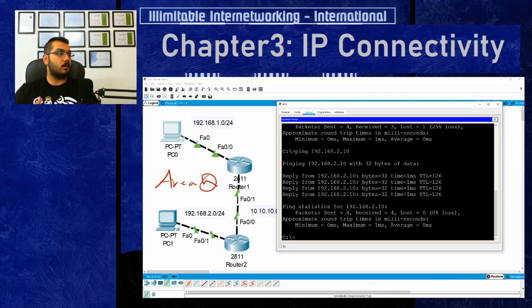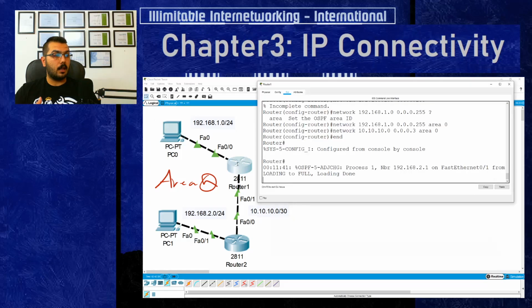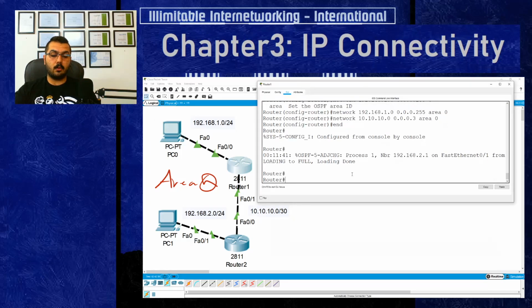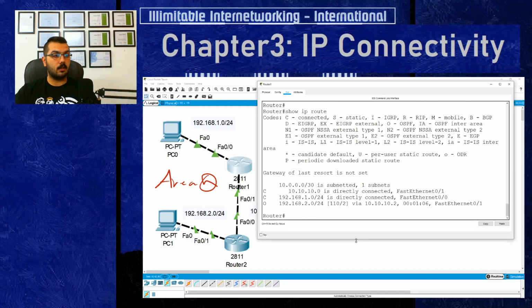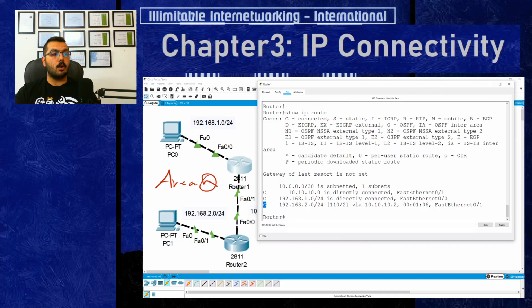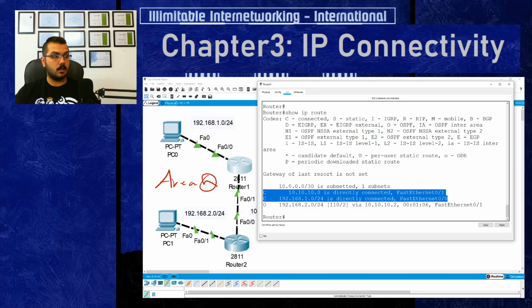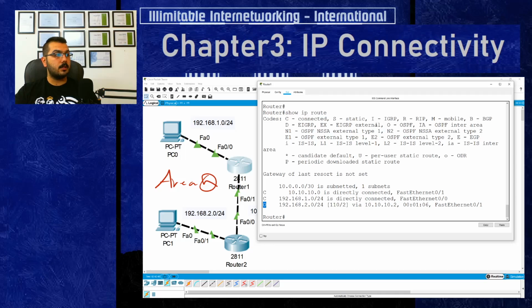The other things will be some show commands. The first one is like static route, which will be show ip route, just to check how we are reaching the remote PC by using O. This router has two connected networks, both of them marked C, which is connected, no problem, but O stands here for OSPF.